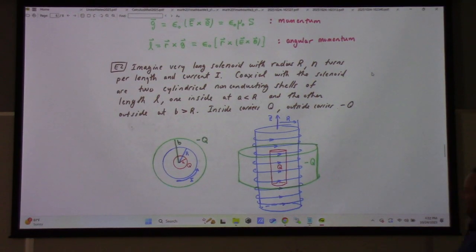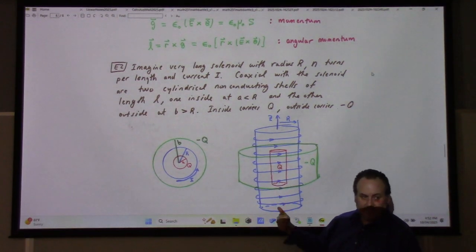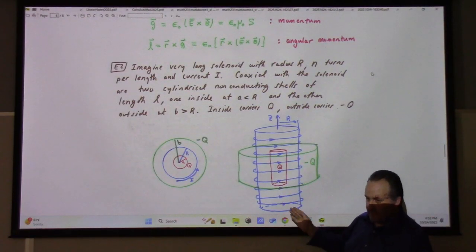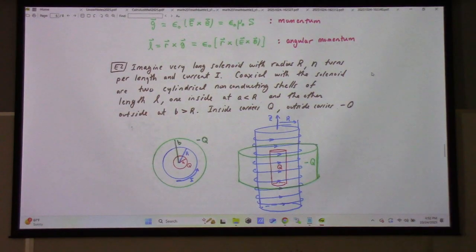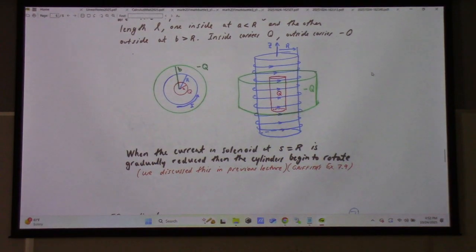Of course, as the current wraps around the solenoid, it establishes a magnetic field inside, which is in the z direction and uniform, because we're assuming it's a very long solenoid, so we have a nice boring constant magnetic field in the interior. But we also have charge uniformly distributed on these cylindrical shells, where that distance L is supposed to be small compared to the length of the solenoid. So he says, when the current in the solenoid is gradually reduced, then the cylinders begin to rotate.